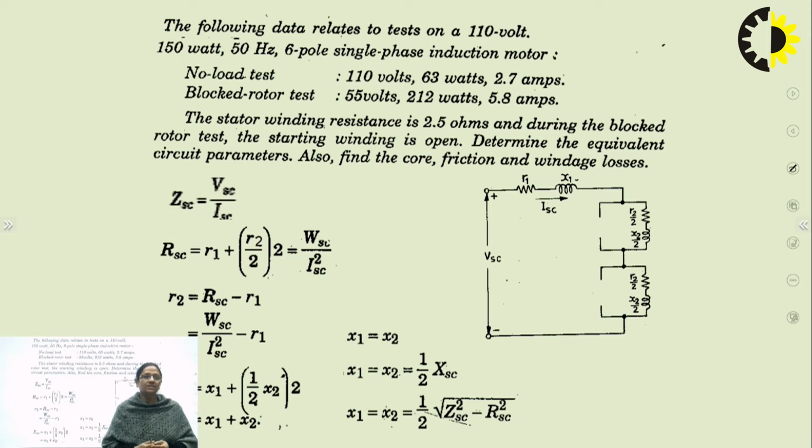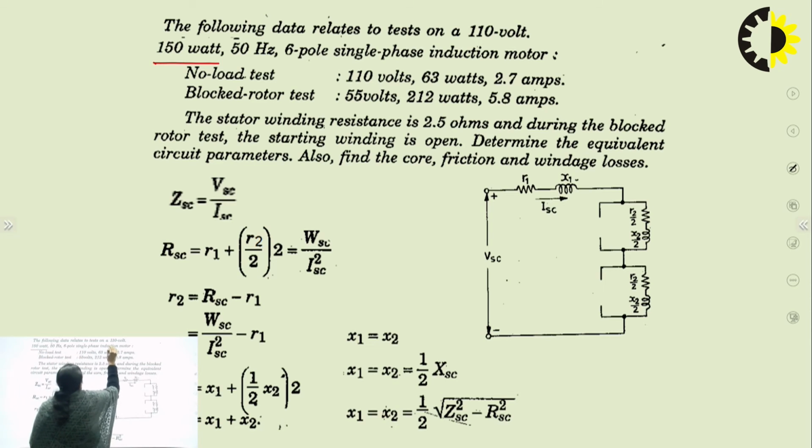The block rotor test data is given as 55 volts, 212 watts and 5.8 amperes, right? So the machine is rated for 150 watt. It is rated for a supply of 110 volt 50 hertz and it is a 6-pole single phase induction motor.